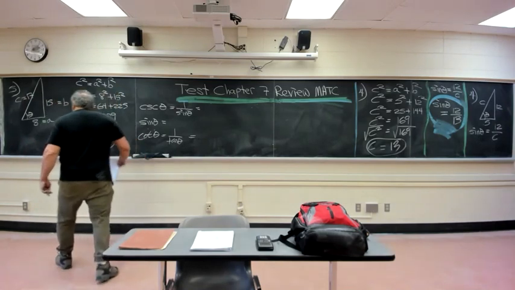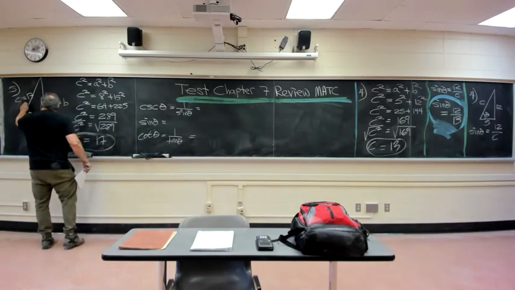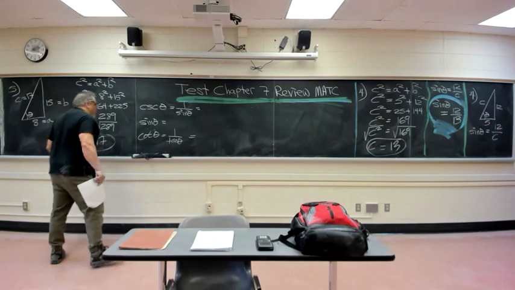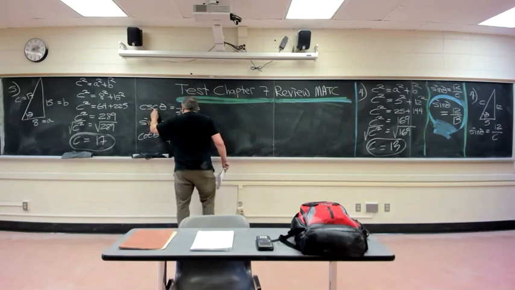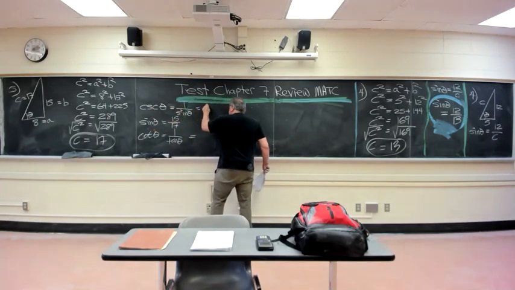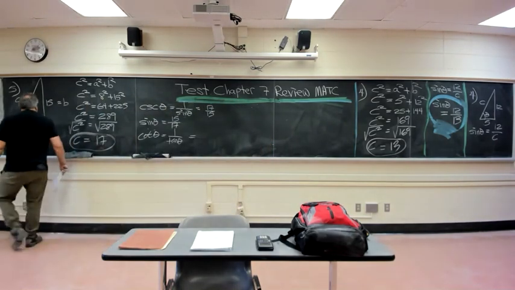That's 17. The sine of theta is opposite over hypotenuse, 15 over 17. The cosecant of theta is the reciprocal of the sine of theta, and that's 17 over 15. The cotangent is the reciprocal of the tangent.